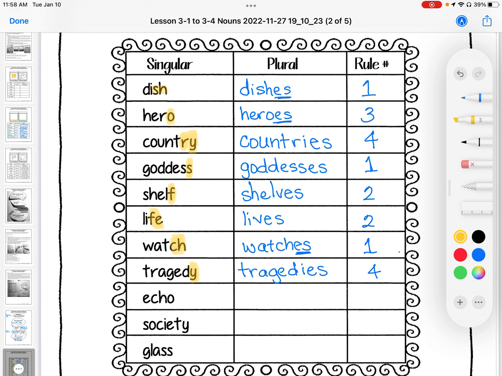The next one is a consonant plus an O, and I know that rule number 3 tells me that I need to add ES onto the end.